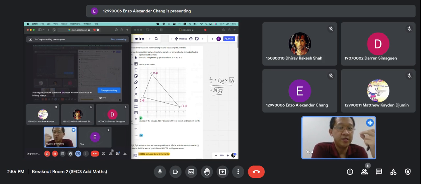You can't always just use this formula. You have to understand base and height. What does it mean by base? What does it mean by height? So we cannot just use it for the sake of using it. You have to make sure that you get that right first. So you might want to think about it first.